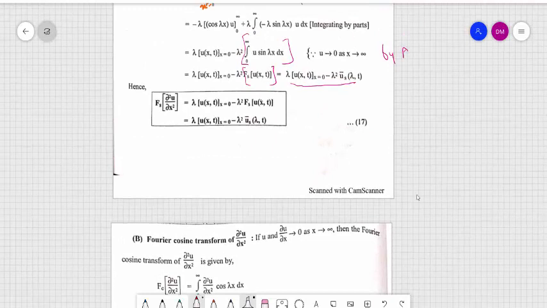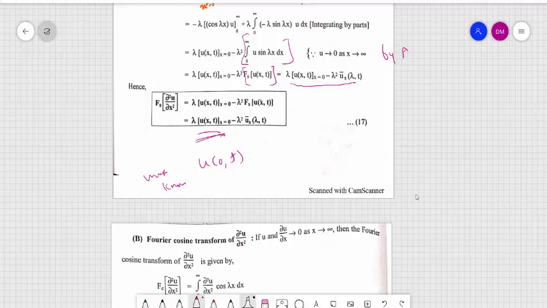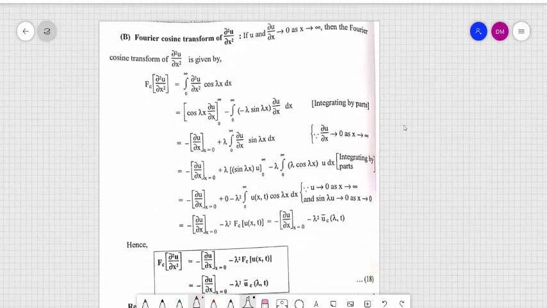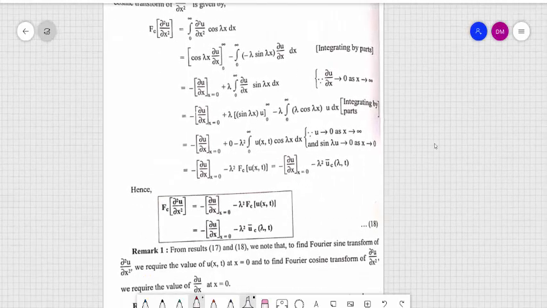This is the observation: we must know the value of u at x equal to 0. And while we are finding the Fourier cosine transform of ∂²u/∂x², we must know the value of ∂u/∂x at x equal to 0. This is important.